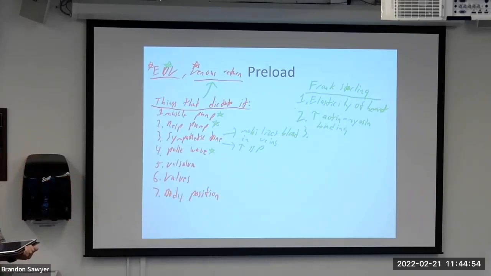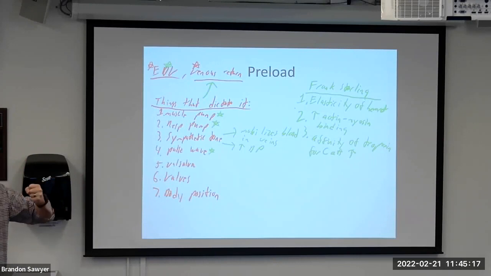Okay, and then the other one, this was part of what Sophie taught that day, was just that when we stretch out our sarcomeres in our heart, the affinity of troponin for calcium increases. And that's just like a structural thing with the troponin protein. When we pull on it, the binding site for calcium just becomes a little bit more available. So that means that the calcium that comes in will make more actin myosin binding as well.